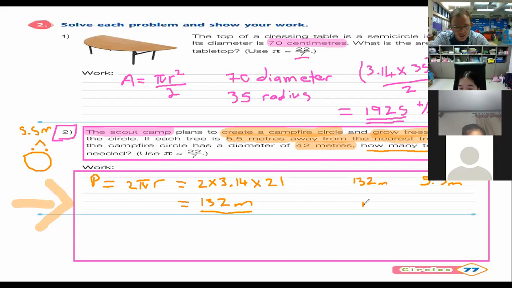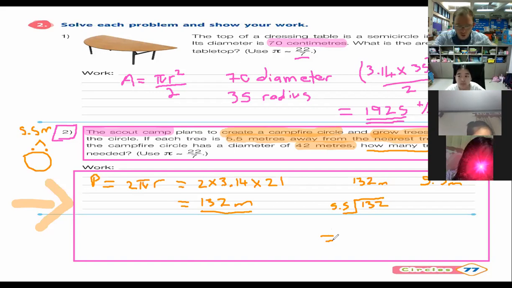Excellent. So we're going to take 132 and divide that by 5.5. And if we do that division, what do you think our answer would be? 24. Excellent.